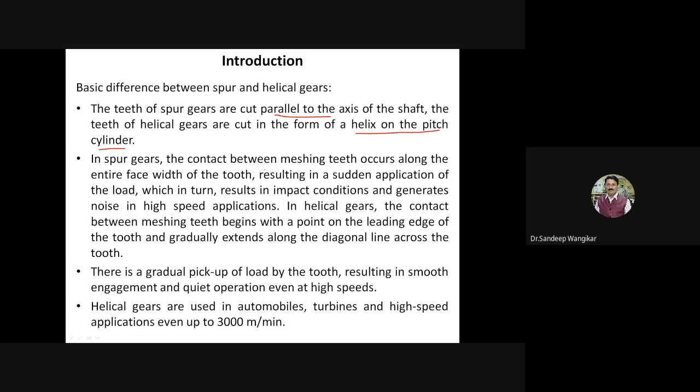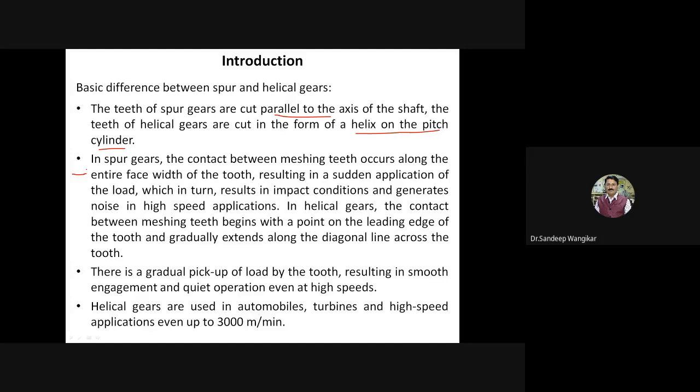In spur gears, the contact between meshing teeth occurs along the entire face width of the tooth, resulting in sudden application of load, which in turn results in impact condition and generates more noise. So we will split it into four types. If you consider a spur gear, the teeth are cut straight, not at an angle.